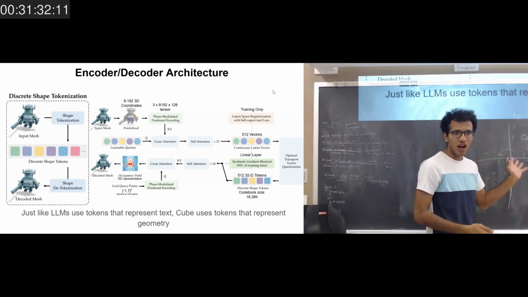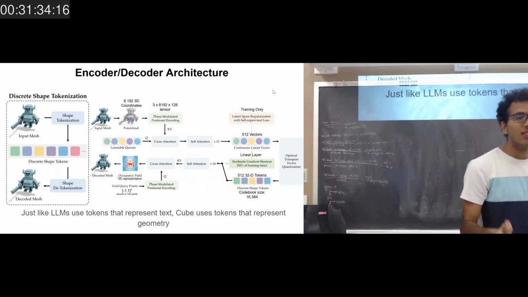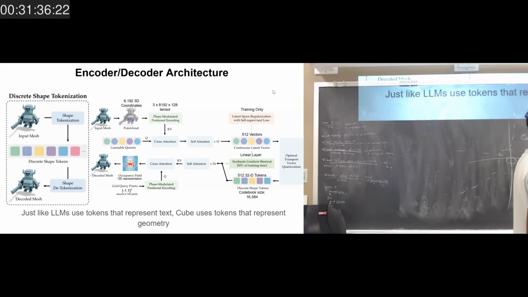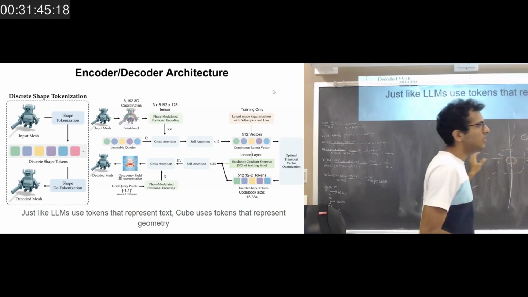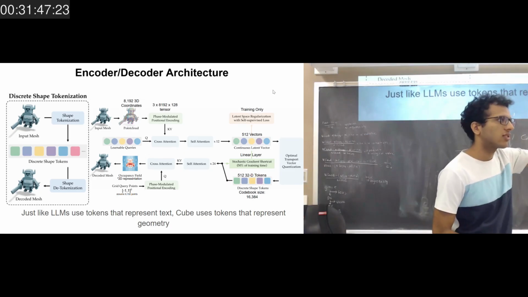Now, the reasoning behind why we're doing this process, rather than just a normal encoder-decoder architecture where we would simply take the latents and try to decode those latents, correct?